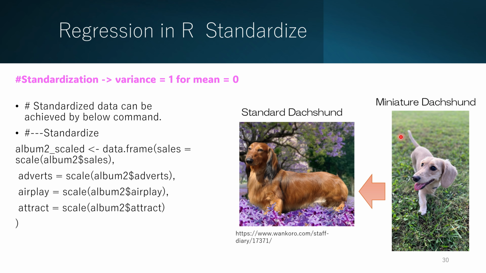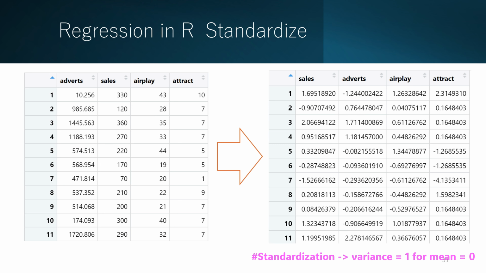Then the data should be standardized. And this is the result. The dataset is standardized: variance equals 1 and mean equals 0.